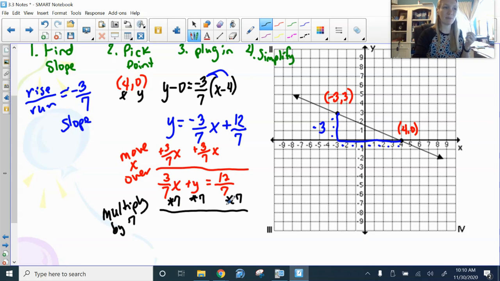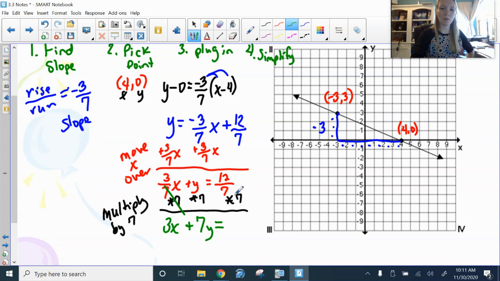If I multiply everything by 7, the dividing by 7 and the multiplying by 7 are going to cancel out. So I end up with just 3x instead of 3/7 x. My y is just going to multiply by 7, so it's just going to be 7y.